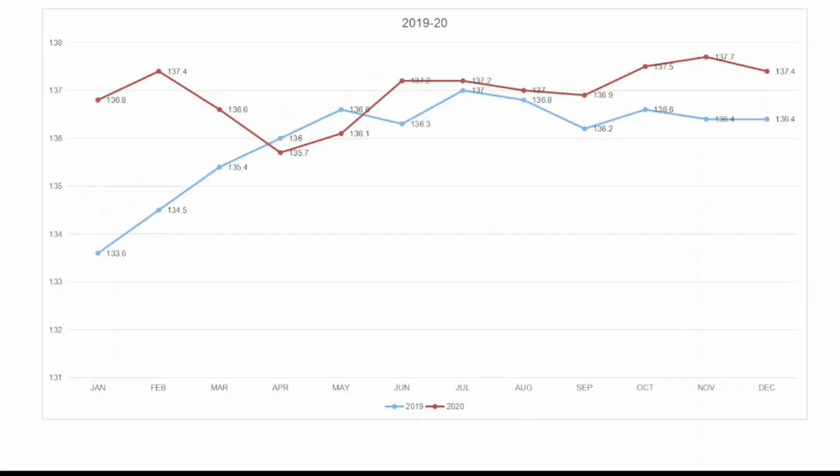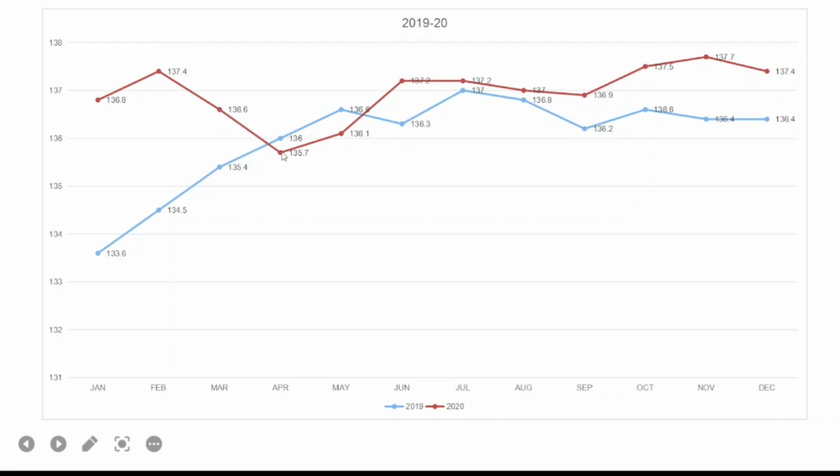Now this is the 2019 and 2020 data. The blue line here is now 2019 and the red line is the 2020 data. Everything was going smoothly until March when the pandemic started. So all you can see here is how the pandemic impacted the overall CPI number.